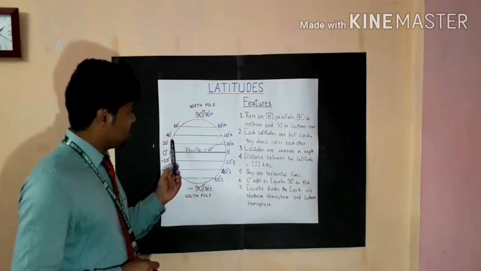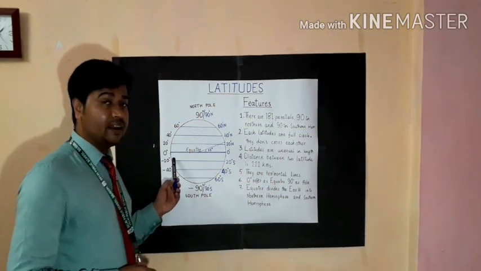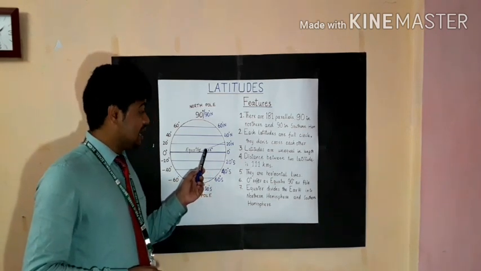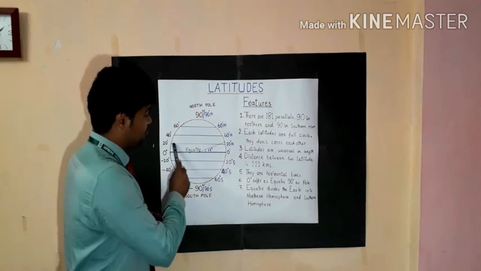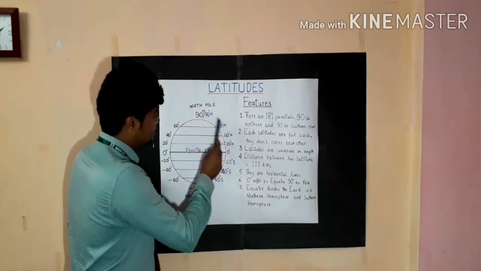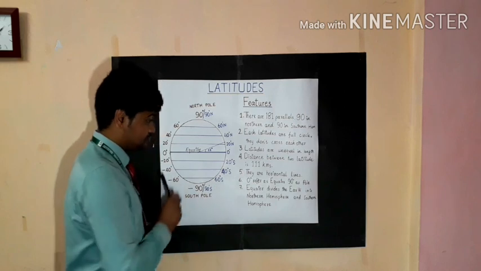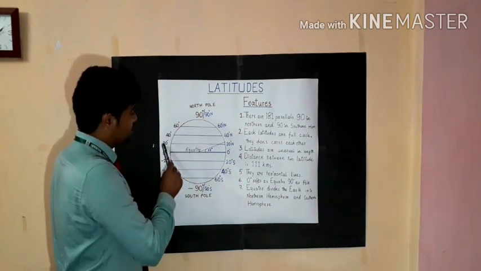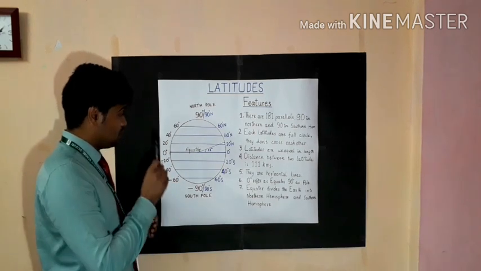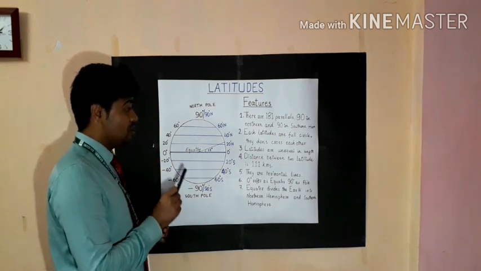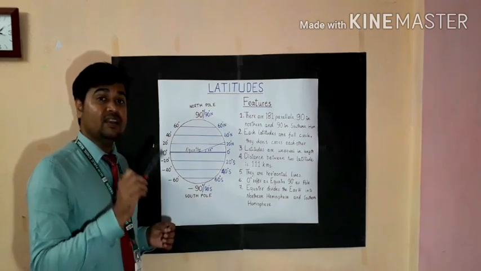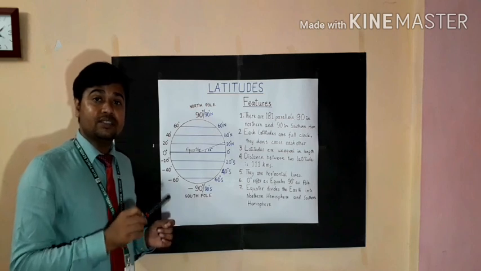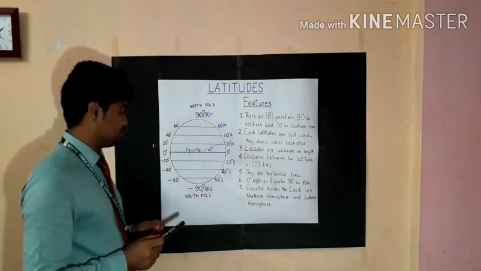Now, you can see in this diagram, I have taken the equator as a base, and on that basis, I have drawn all these lines of latitudes. All the latitudes are marked with some numbers. We measure latitude in degrees because these are the angular distance from the equator.